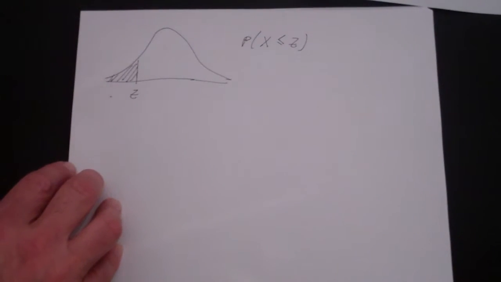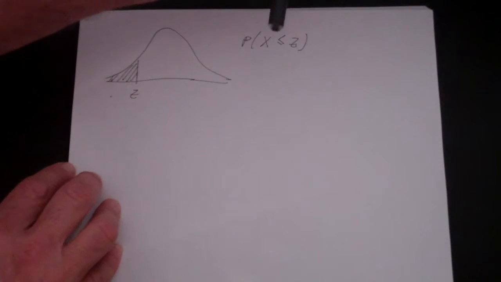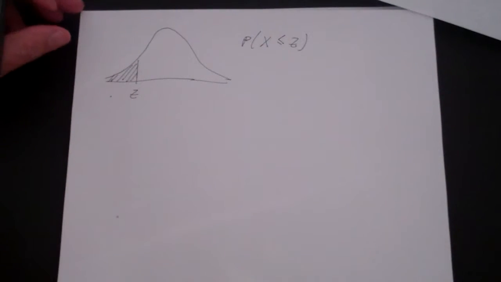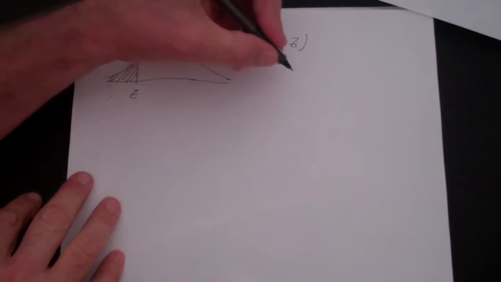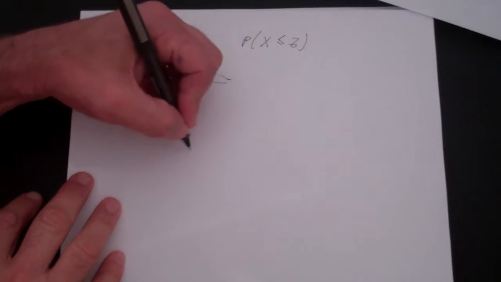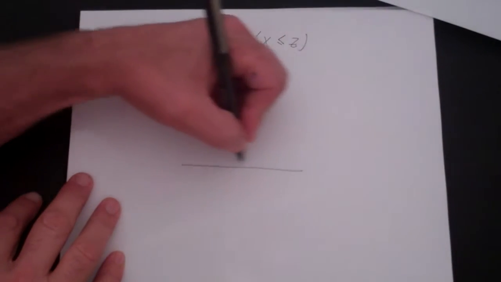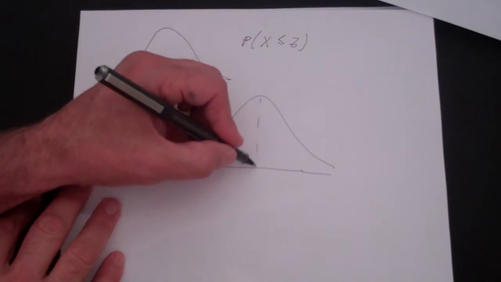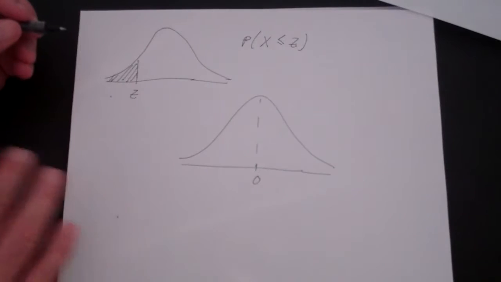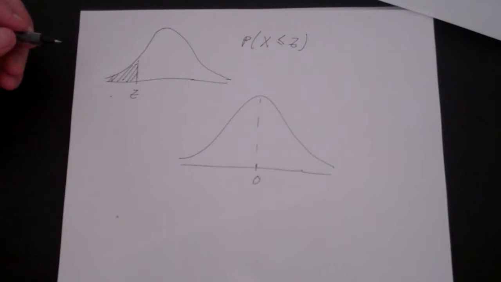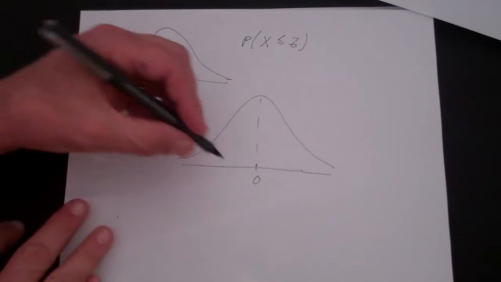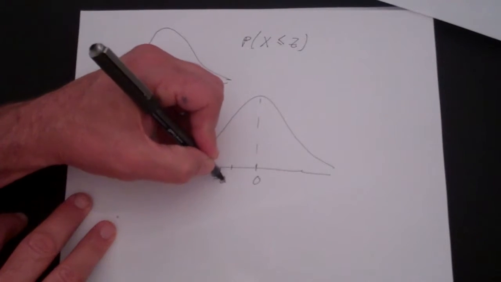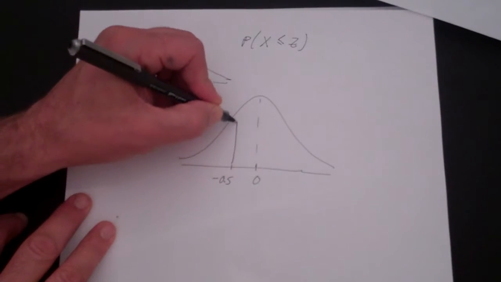Now, you might want to find out what it is between two values, and then you just use this table to adjust it. But in this case, your z-score is minus 0.5, so I like to go ahead and draw this out. The mean of the standardized score is always going to be 0. This is minus 0.5, so it's half a standard deviation away.